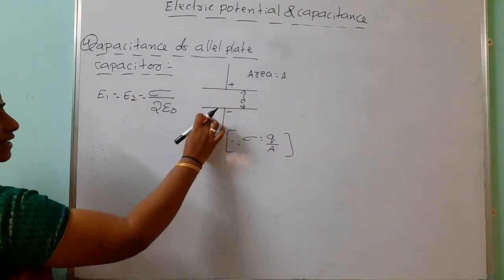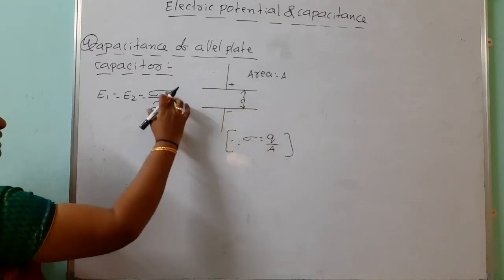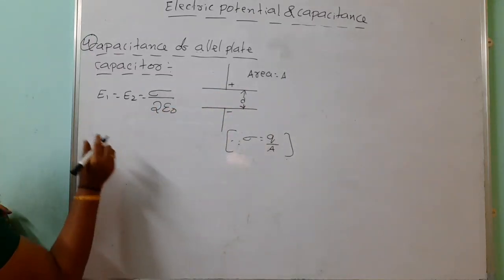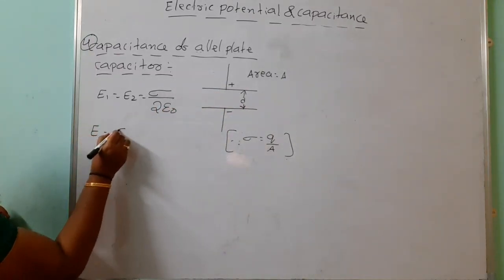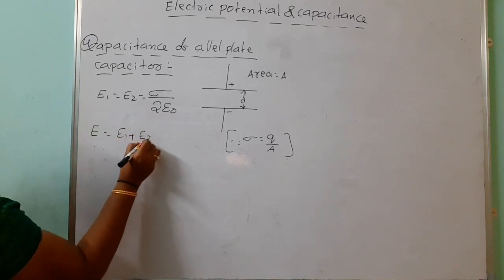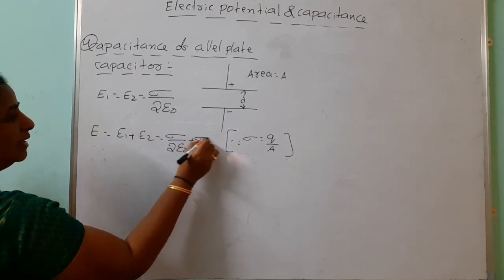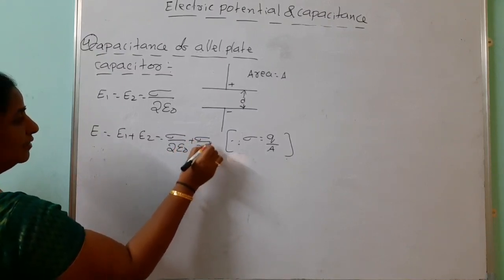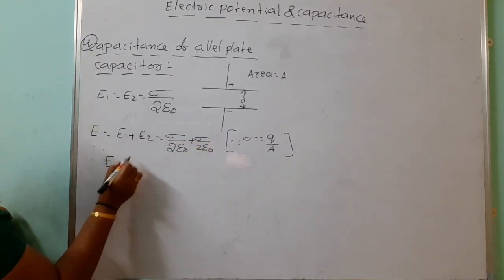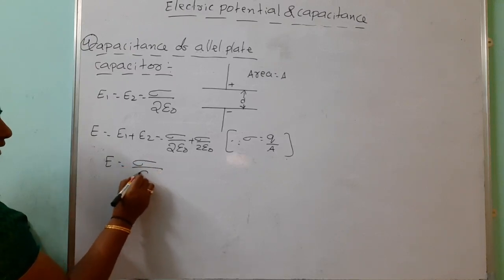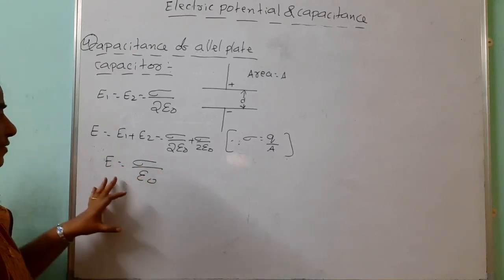First one and second one, how much intensity is acting? Sigma by 2 epsilon naught. But total intensity is how much? E1 plus E2. We can write it as sigma by 2 epsilon naught plus sigma by 2 epsilon naught. Half plus half is the full. So intensity is sigma by epsilon naught. So this is one step.